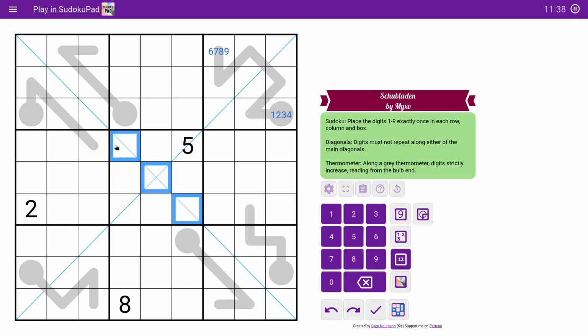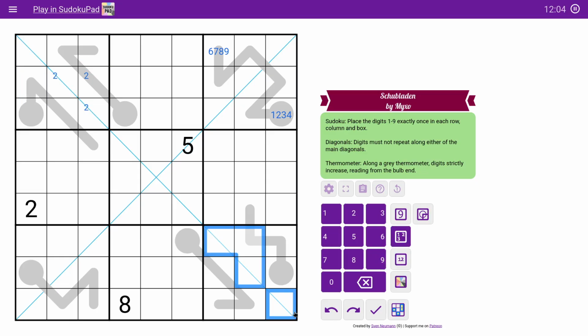Because if there is 2 here, no, I think we said there can't. Okay, well, where is 2 in this box? No. No. Where is 2 in this box?